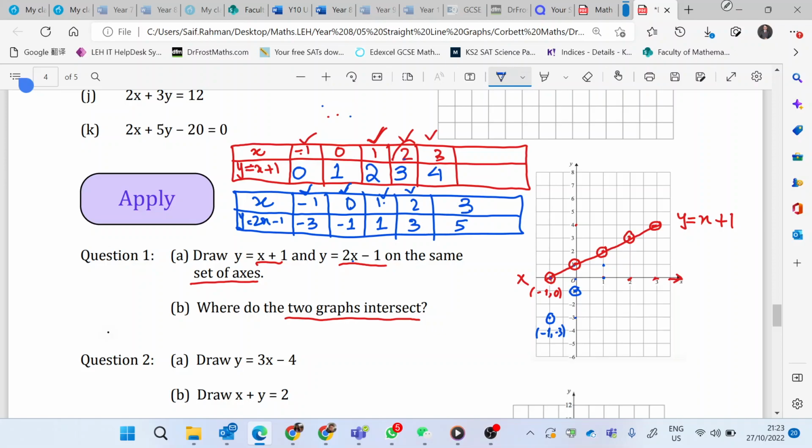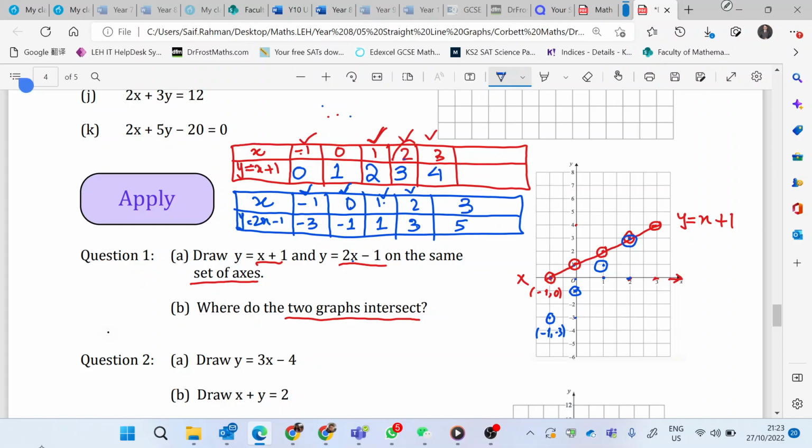So this is my third point. And my fourth point is 2 and 3. So this is 2 on the x-axis and this point is 3 on the y-axis.